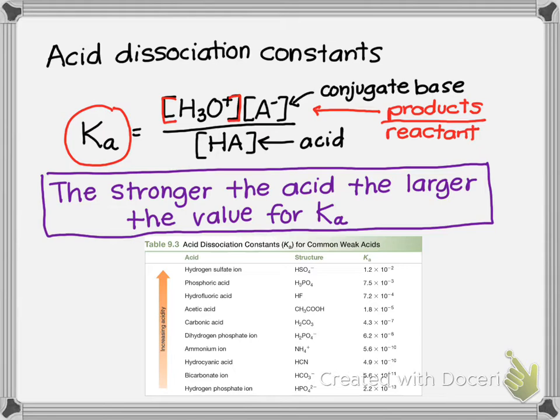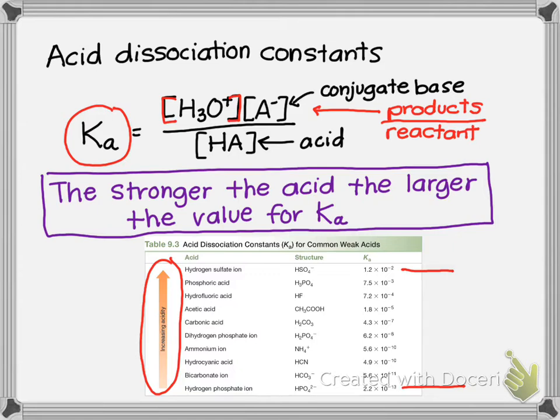It's kind of funny to think about strong, weak acids, but the more an acid dissociates, the stronger it is. So here's a table from your textbook of some common weak acids, and you can see here the arrow indicates that the top of the table would be the strongest, the increasing acidity. If we look at the Ka values, the top one shown is 10 to the negative 2, and down here in this example, it's 10 to the negative 13.